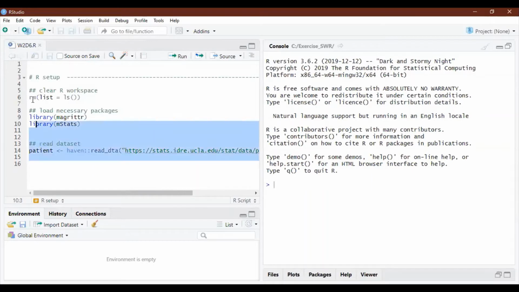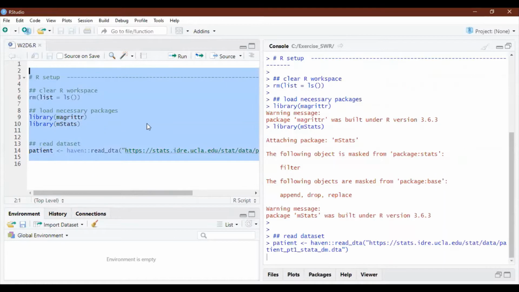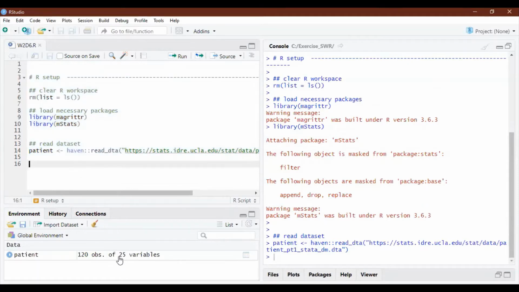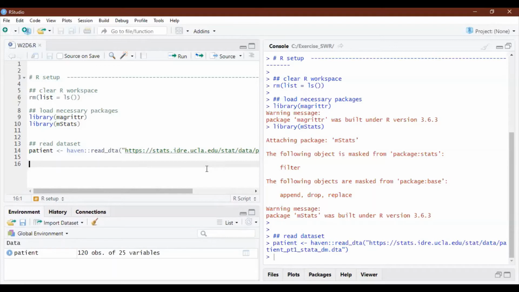We will use the same data set because it is a big data set with 25 variables.